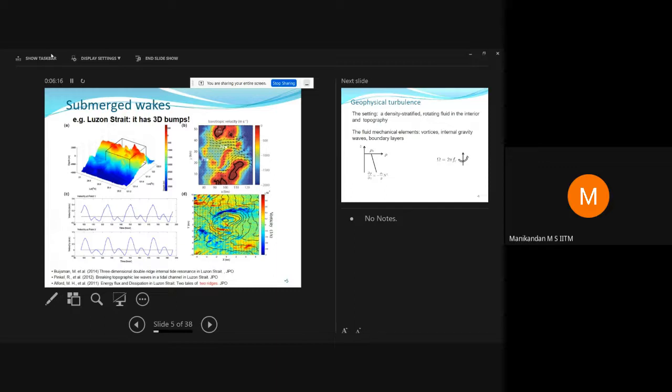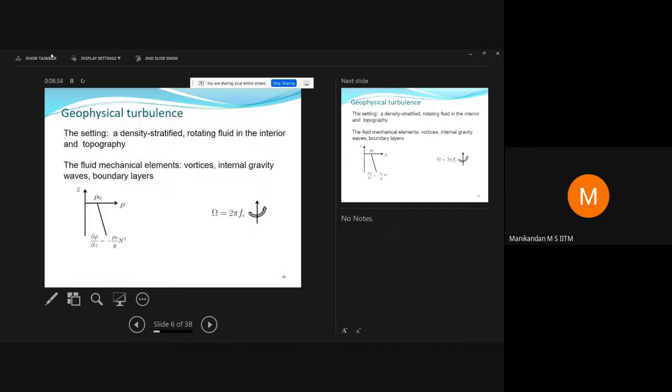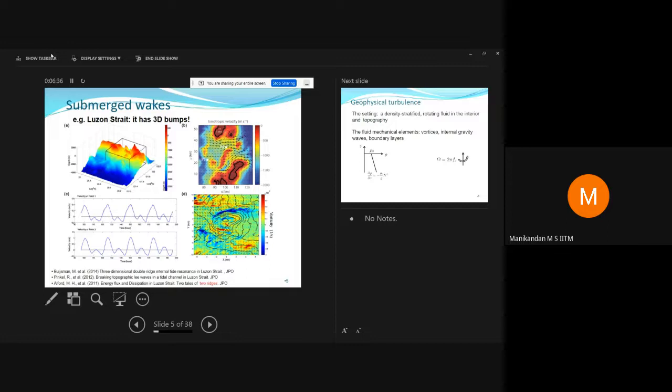These are underwater mountains, way below. Just like the hills and mountains you see in nature outside, these are hidden, submerged. But then you have flows and eddies that are generated, and the question is: what is the eddy structure, what do they do, and so on.